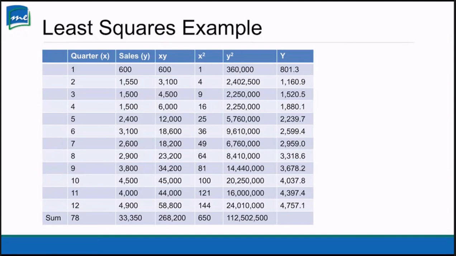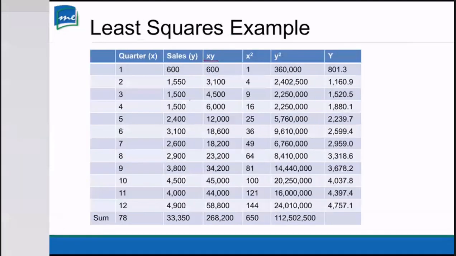Here is another example. The numbers 1, 2, 3, 4, 5, 6 and so on represent the quarters, quarter 1 until quarter 12, and we know the sales. If we want to obtain b0 and b1, we need to obtain these numbers, such as x times y.